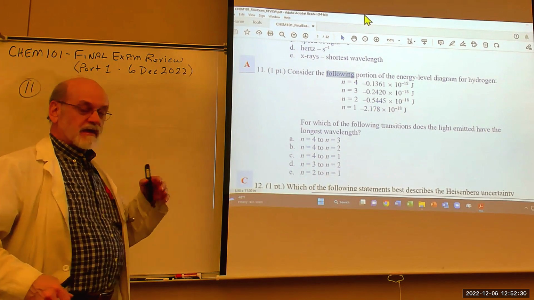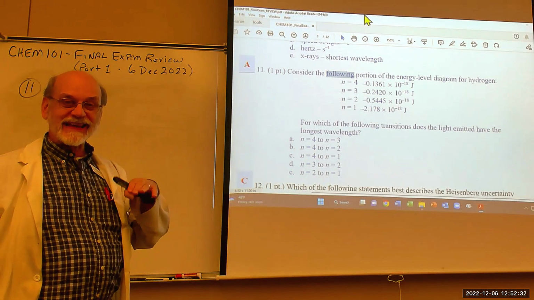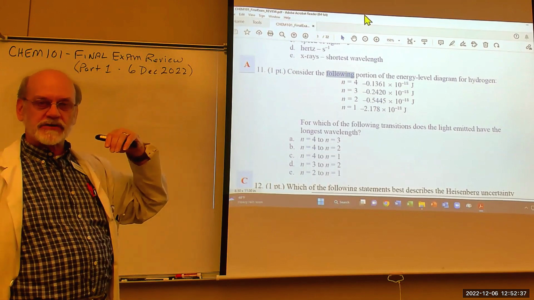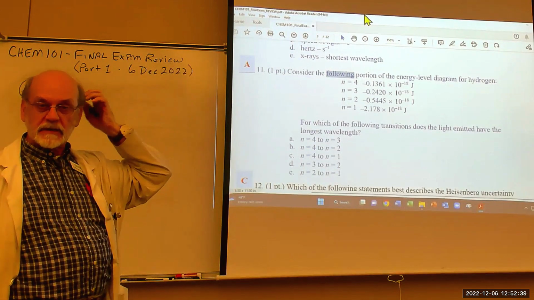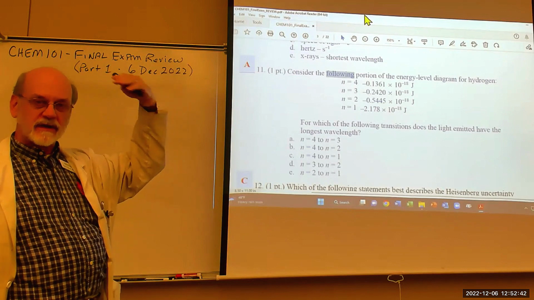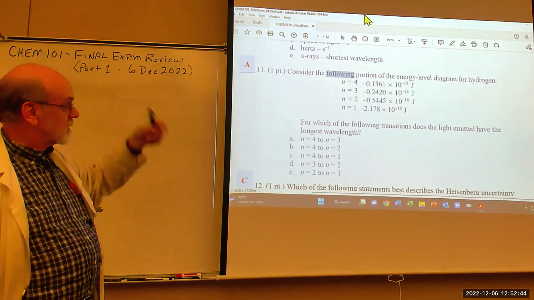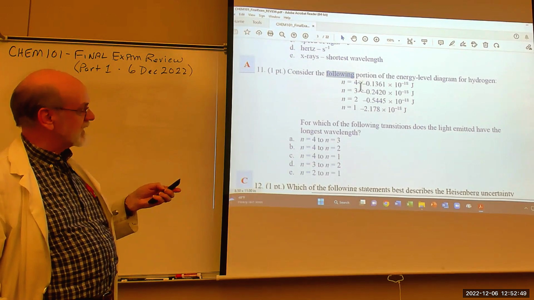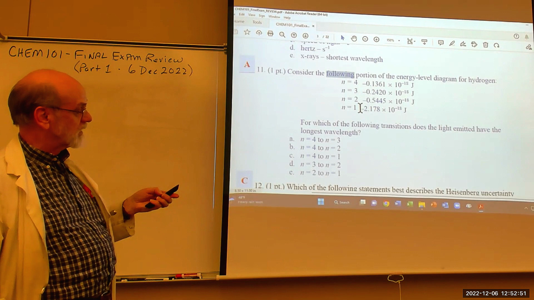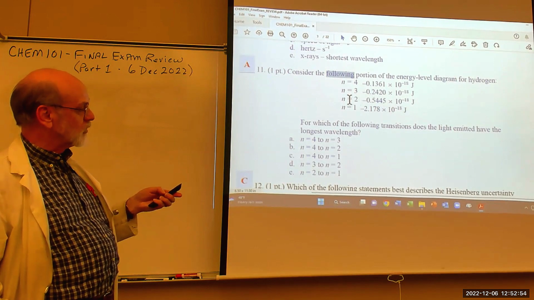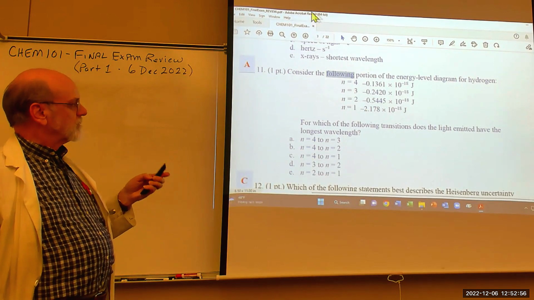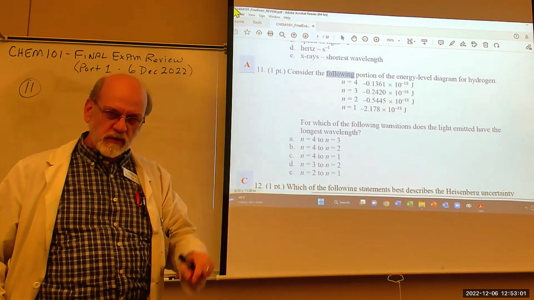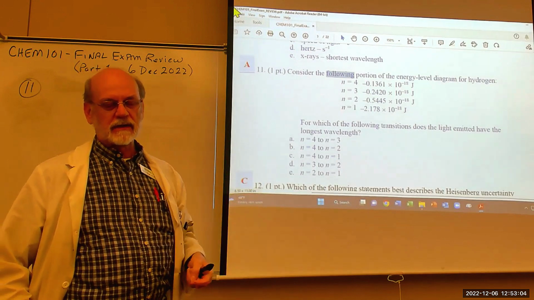And remember, the smaller the number, the more negative it is, because high energy is more positive. So further away from the nucleus is higher energy, which would be the more positive value. See, that's less negative than this one, and then from this one, this one. The most negative is N1. That's the lowest energy, which means it's in terms of how much energy has to go in to move that electron to infinity.